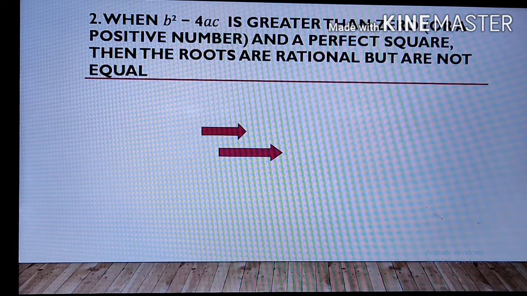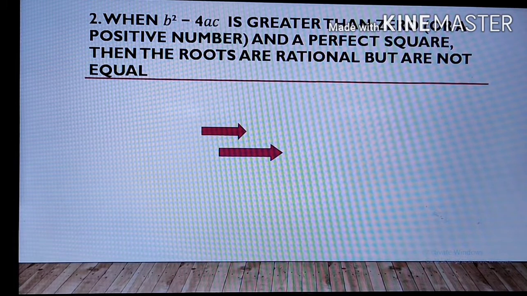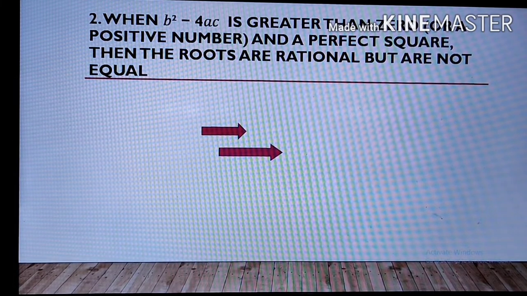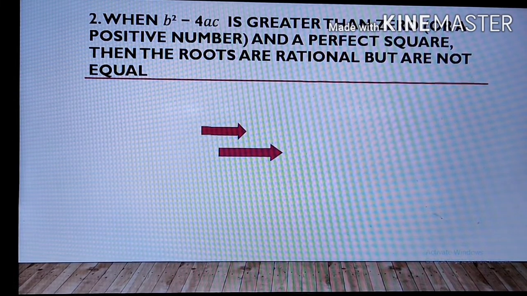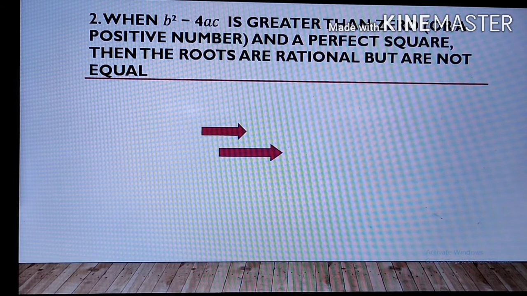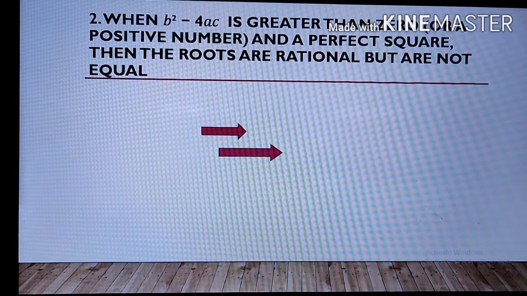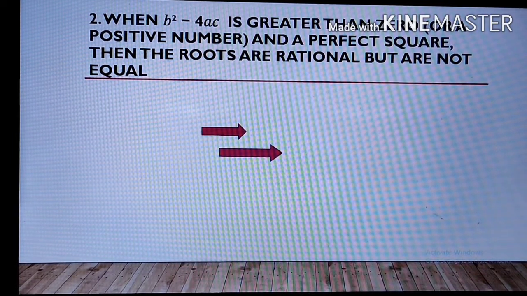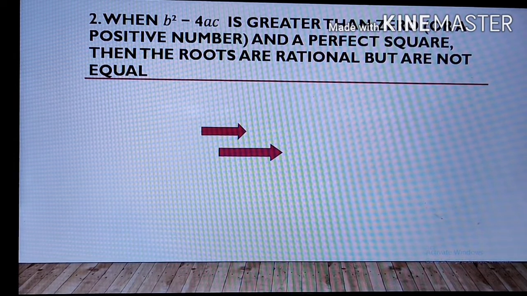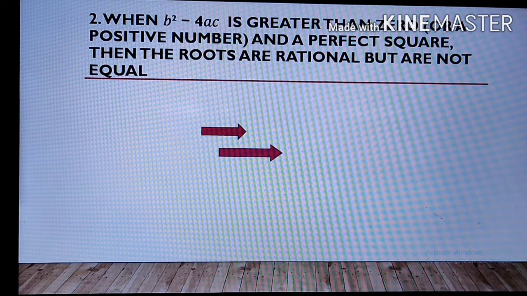Kapag sinasabi nating perfect square, guys, meron siyang square root. Ang square root niya dapat whole number. For example, square root of 16. So, yung square root niya is 4. Pag sinabi natin square root of 15, hindi siya perfect square kasi hindi whole number yung lalabas, kundi decimal. So, perfect square siya if yung square root niya is whole number.